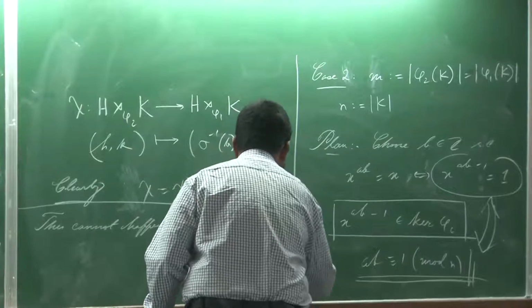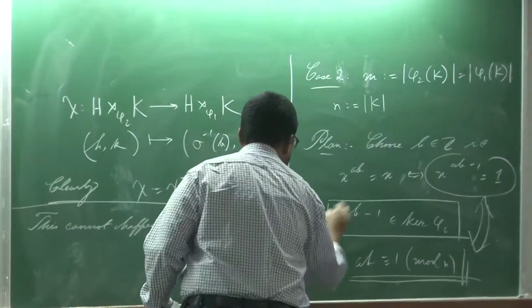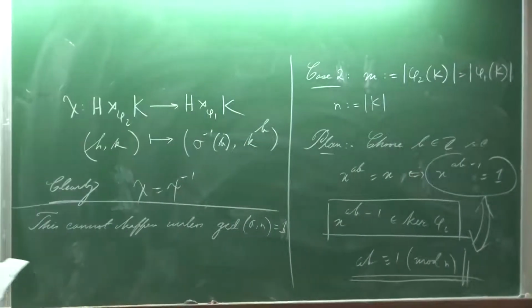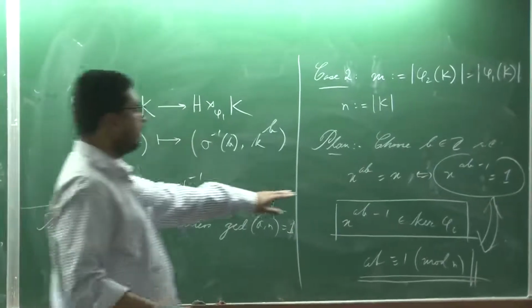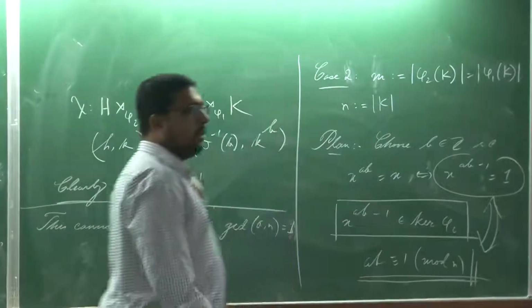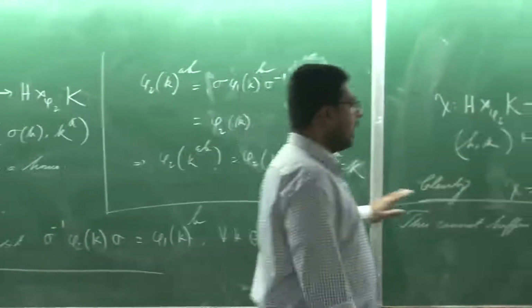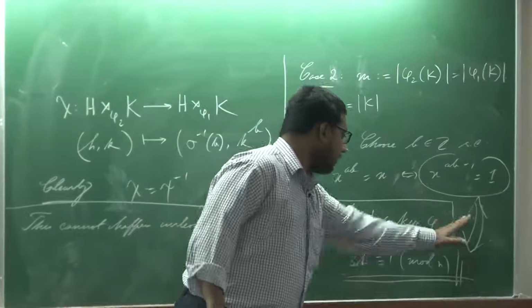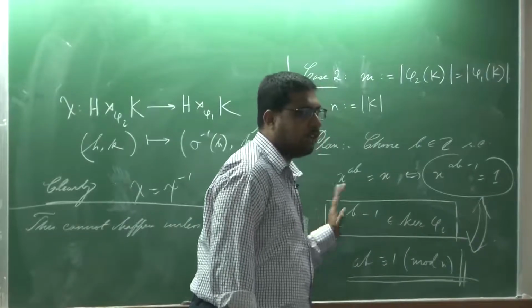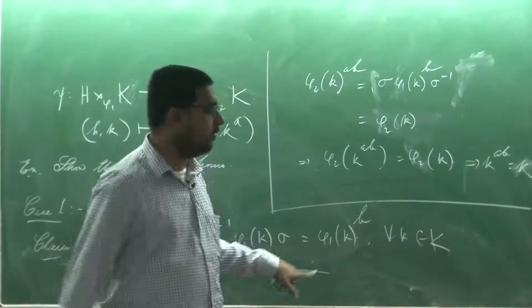Try to again follow the proof. Our plan was to find a b such that this happens. We could have proceeded as we did earlier, but I got stuck at this stage. I cannot go beyond that, because I do not have the help that phi 2 is injective.